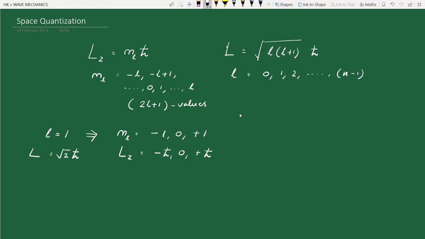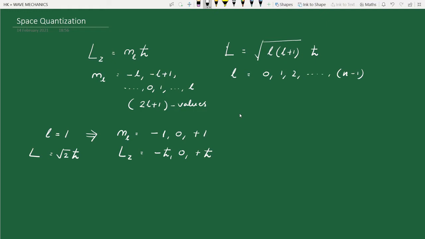When it moves around the nucleus, there is a current loop, and this current loop produces a magnetic dipole moment. So the electron's orbital motion produces some magnetic dipole moment. We can call it the orbital magnetic dipole moment.